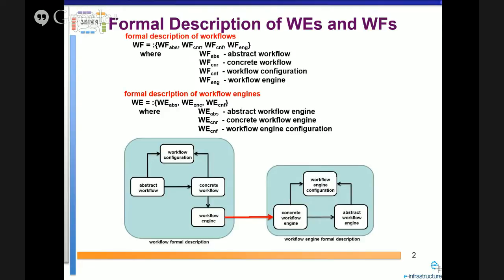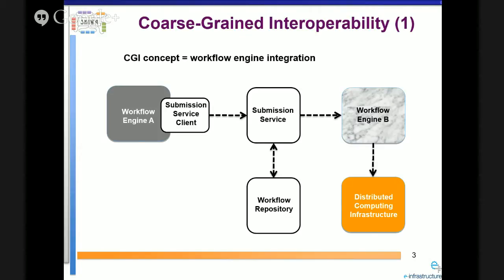How does it work? Let's consider two workflow systems. The workflow engine is a so-called host or native workflow system, and we want to execute, for example, a Taverna workflow as a black box.